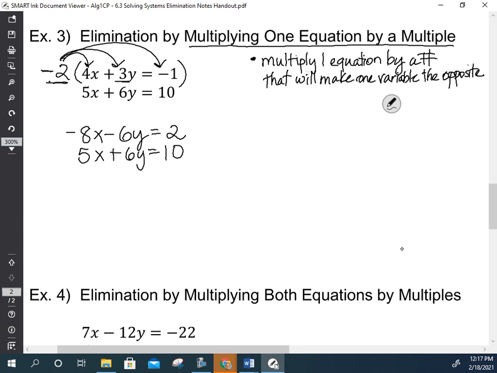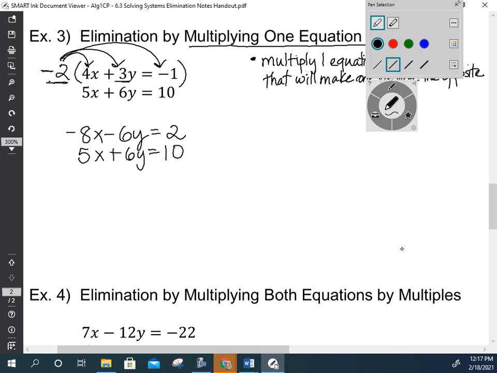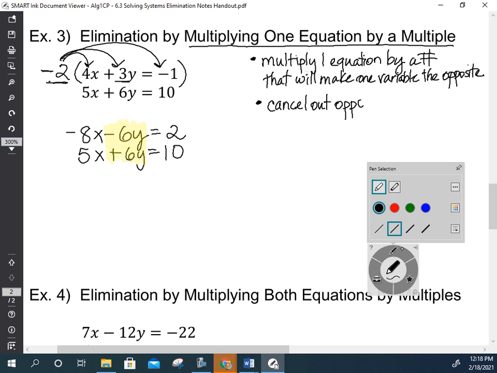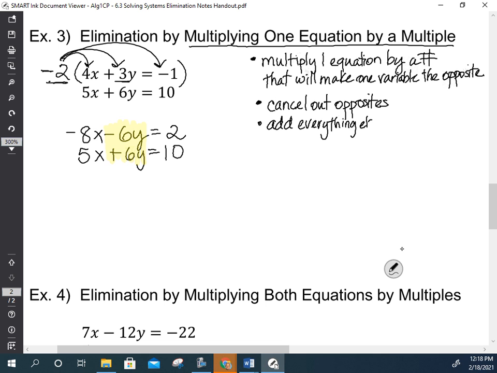So now, you've got the opposites that you need. So, cancel out the opposites and add everything else down. So the opposites drop out.